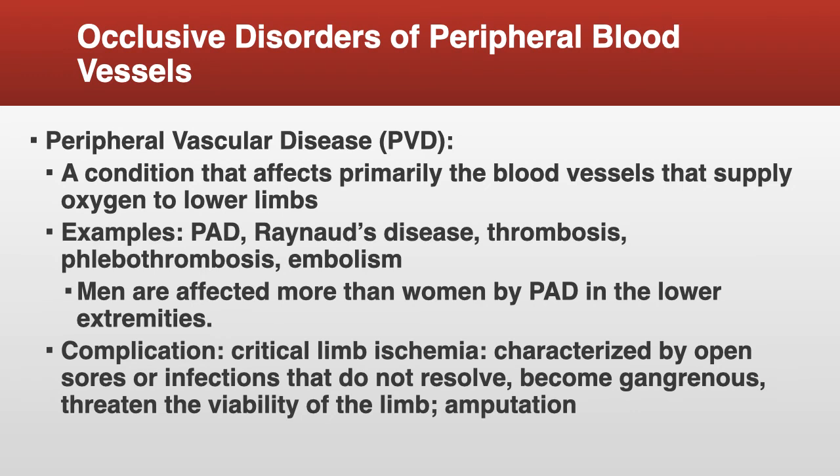Men are affected more than women with PAD in the lower extremities. Complications can be critical limb ischemia, characterized by open sores or infections that do not resolve. These become gangrenous and threaten the viability of the limb and result in amputation.